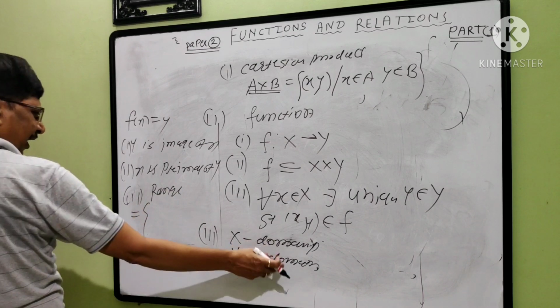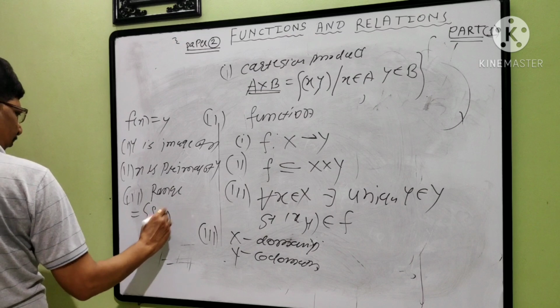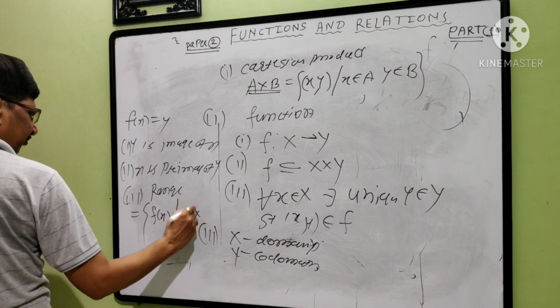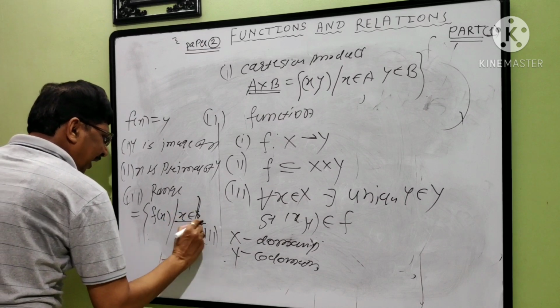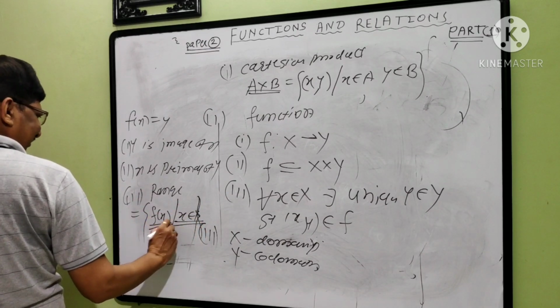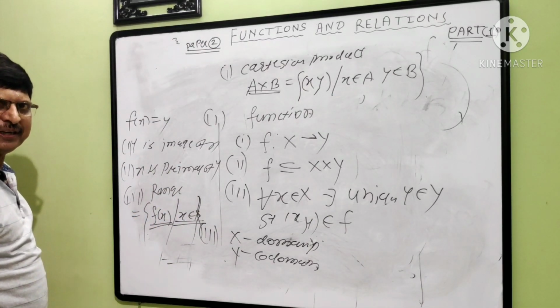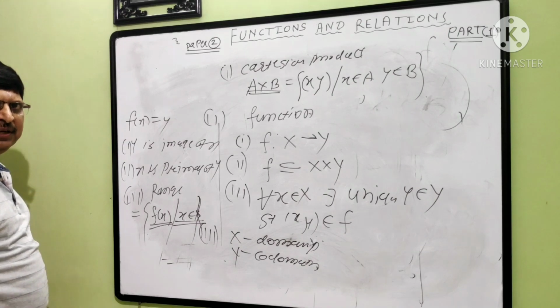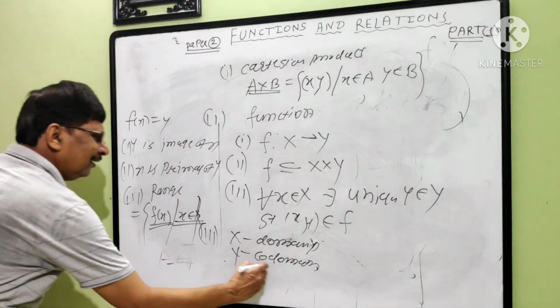Codomain is different and range is different. Range means the set of all f of x such that x belongs to X, means all the images of x, for x belonging to X. All images will come in the range only.